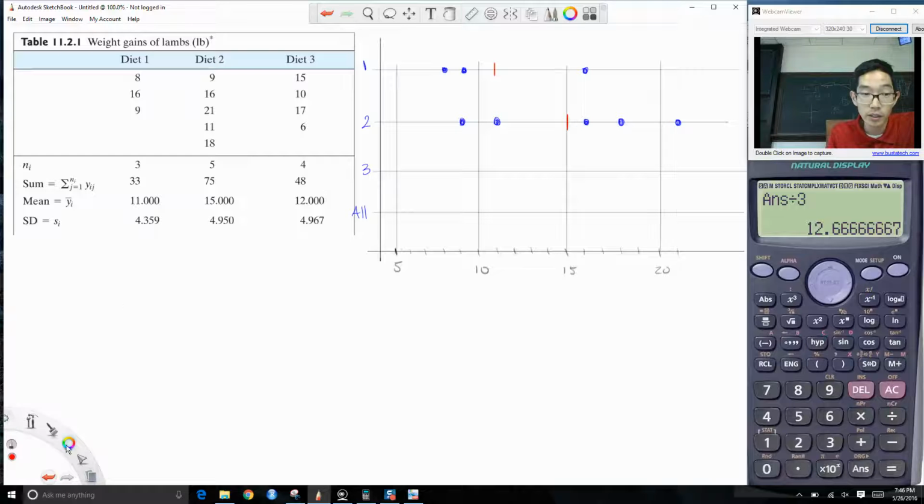Under diet 3, we have a lamb that gained 15 pounds, a lamb that gained 10 pounds, a lamb that gained 17, and a lamb that gained 6. And its group average is right here at 12.